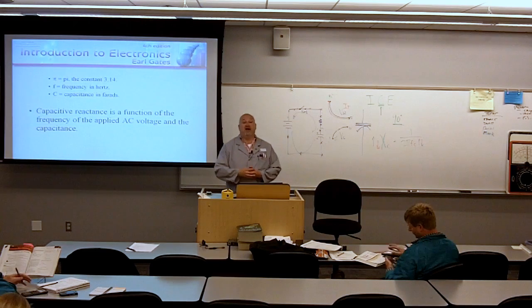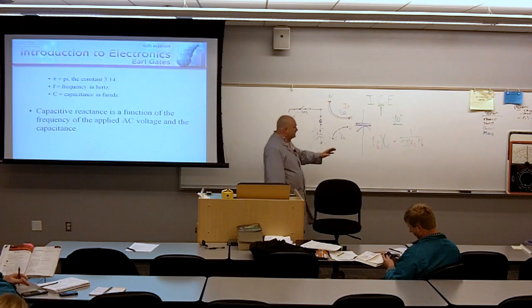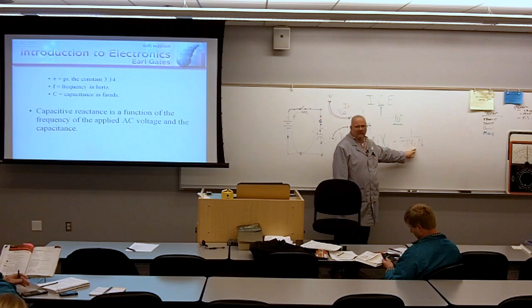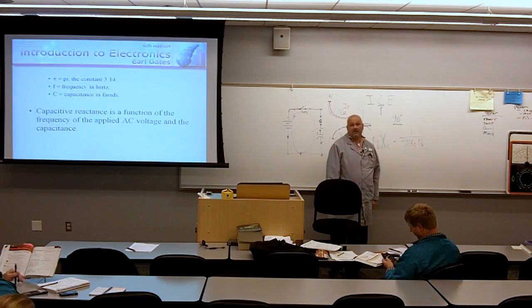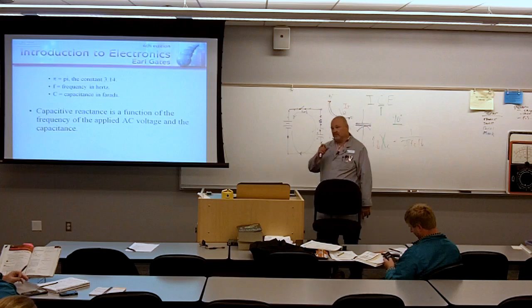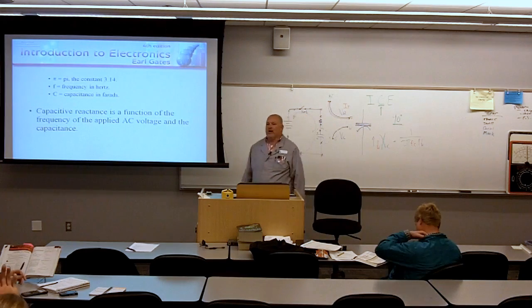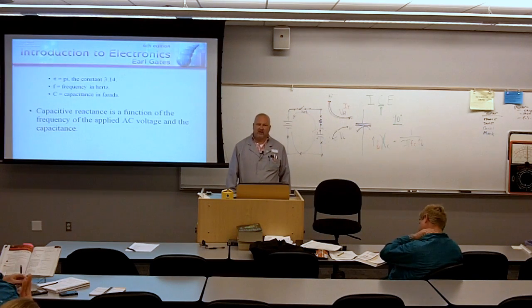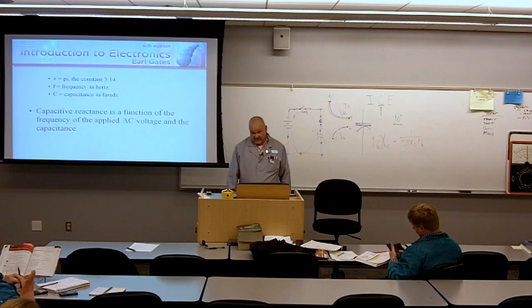So you've got to be real careful how you enter these. Because typically with capacitors, are we going to be dealing with farads? What are we typically going to be dealing with? Microfarads, picofarads, nanofarads. So it's going to be many places past the decimal point. That's why, remember when I said at the beginning of this quarter how important it was to deal with engineering notation?